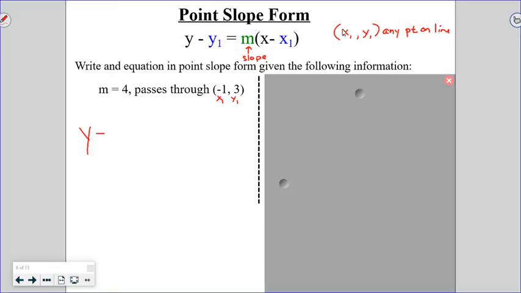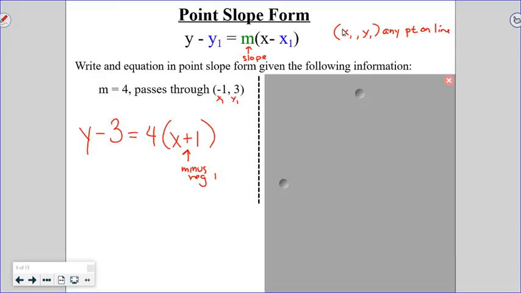And then I go get the y value from a point on my line, which would be in this case 3. So I'd fill that in here. Equals our slope, which they told us is 4, x minus, and then I go get the x value of that same point that I used over here. And in this case, that would be negative 1. So x minus negative 1, right? And again, that was minus negative 1, just so you know that it's not plus in that formula. Okay.